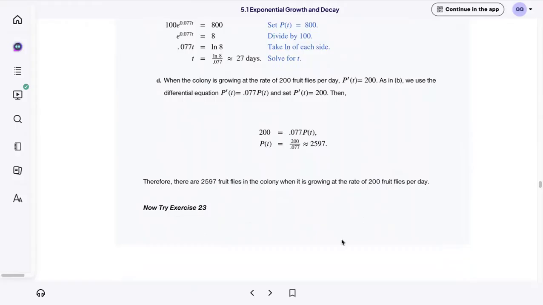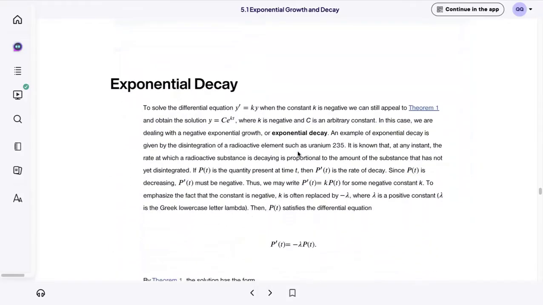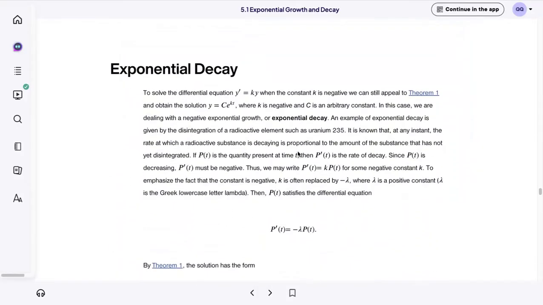Then we just divide by 0.077 on both sides. So the original function is 200 divided by 0.077, which is 2,597. Okay, that's exponential growth. We're going to leave exponential decay for the second part.